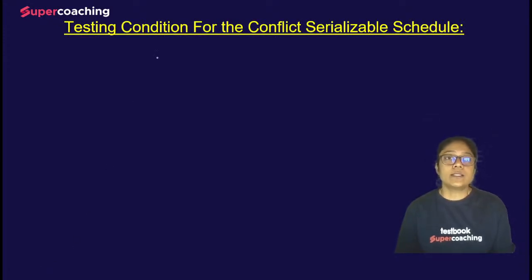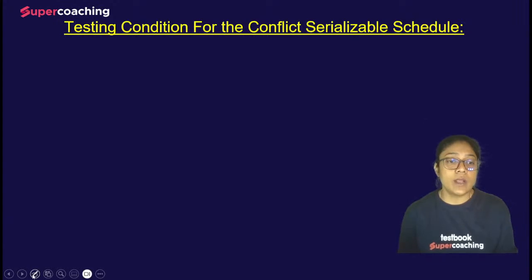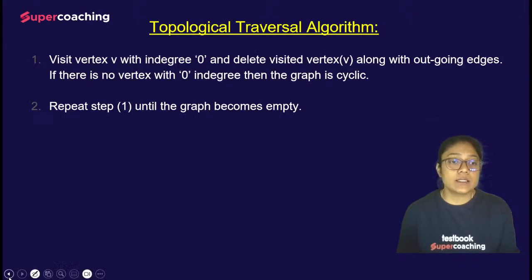So here, what is the testing condition for a conflict serializable schedule?